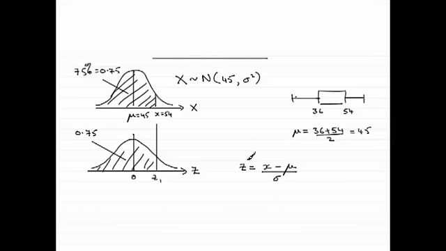So for this example, the Z value is Z1, and it equals the observed value, which is 54, minus the mean, which is 45, all divided by the standard deviation, sigma. Now in order to find sigma, what we need to do is find out what Z1 is. And to do this, we look at the tables.